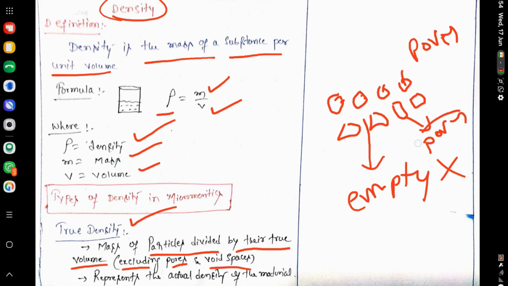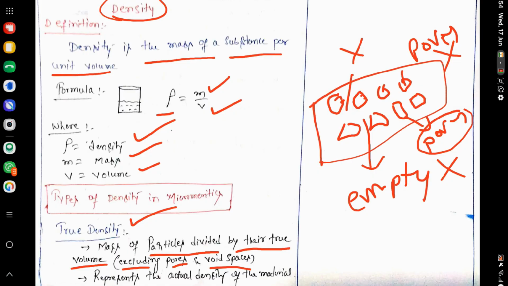This also we are not going to take. We are leaving these pores and the empty space also. After that, we count the remaining things in the true density. It is the actual or original density of the powder particles excluding pores and void spaces.